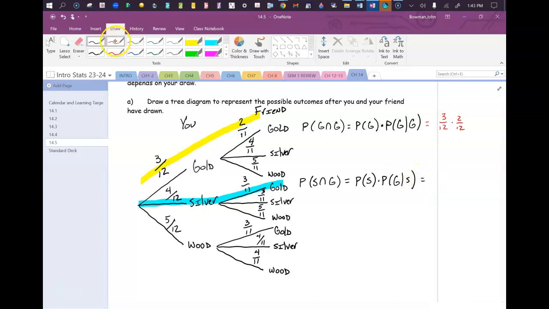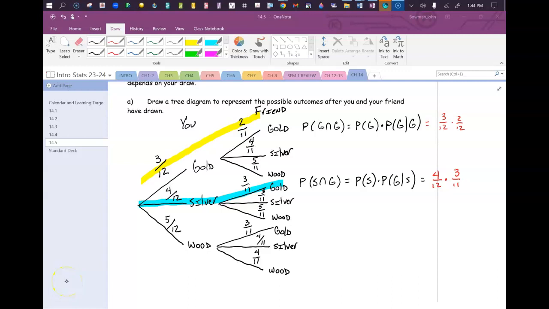And that would be, again, just multiplying the probabilities. The probability of you drawing silver times the probability of your friend drawing gold, given that you've drawn silver. And we can go out along any of those branches and find those probabilities of gold and gold, gold and silver, gold and wood, etc., using the general multiplication rule.